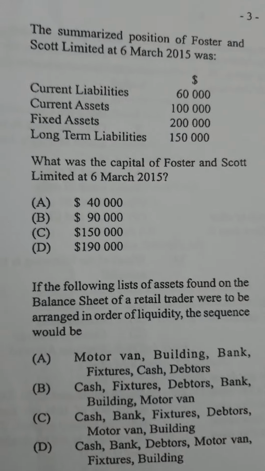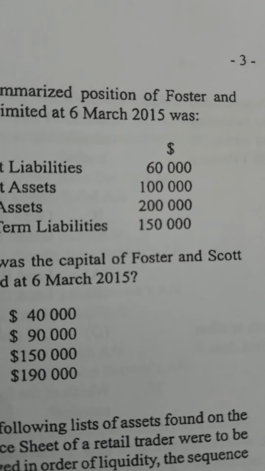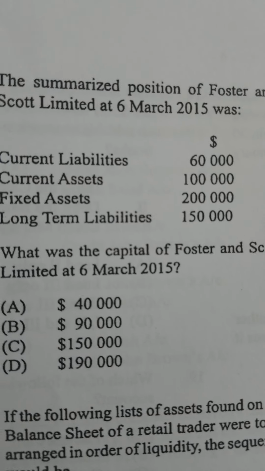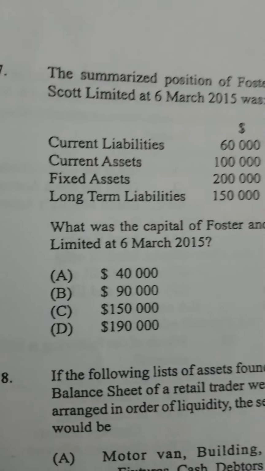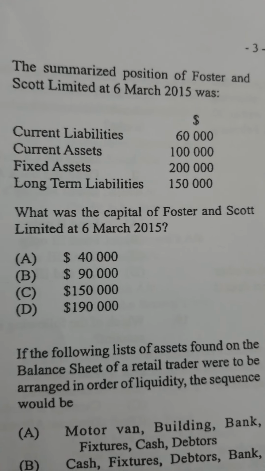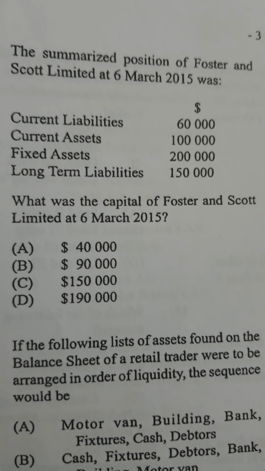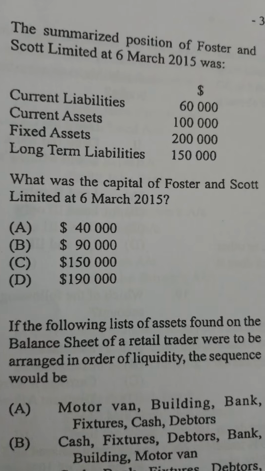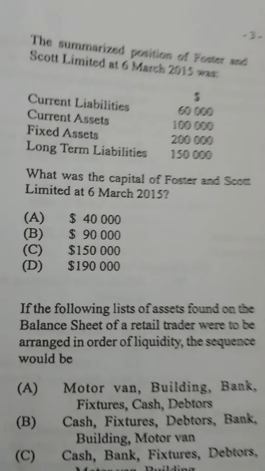So let's go to the next question, which says, the summarized position of Foster and Scott Limited at the 6th of March 2015 was, and this is asking us, what was the capital of Foster and Scott Limited? Now, in order to do that, we're being asked to use the accounting equation.